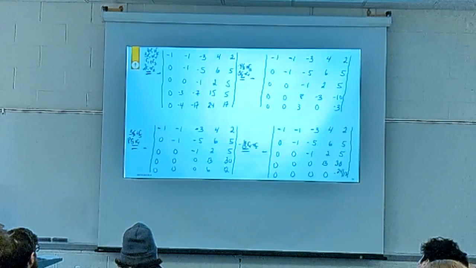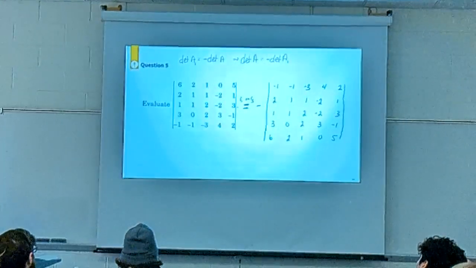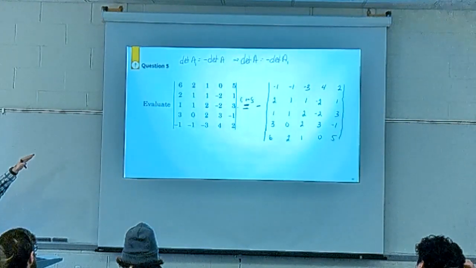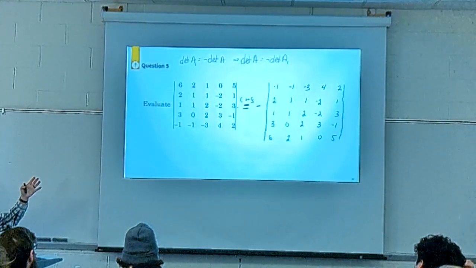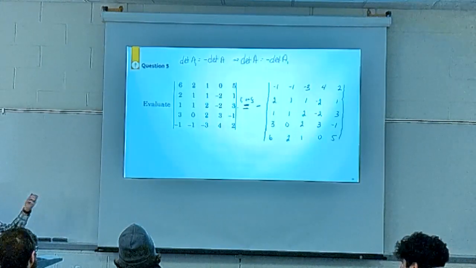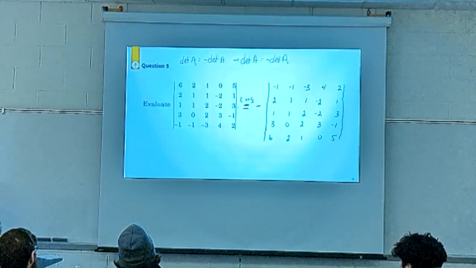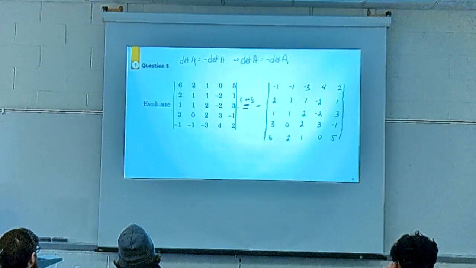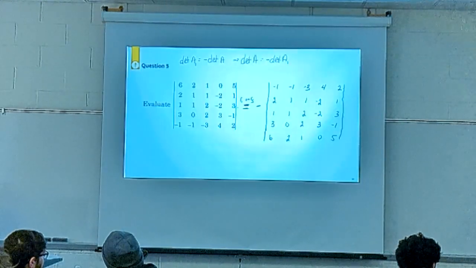Let's say we got a column that had all but one zeros. Do cofactor expansion along that column. Now it's a single 4x4 determinant. Now use row operations to find that determinant. So you can mix and match your techniques as well.